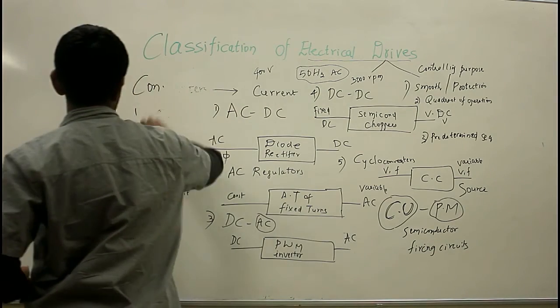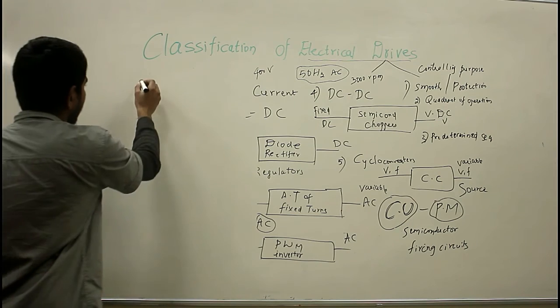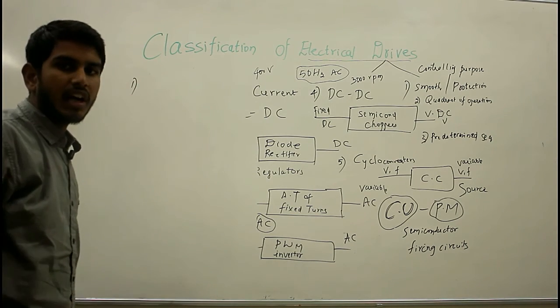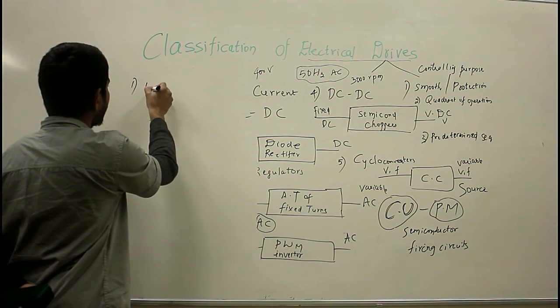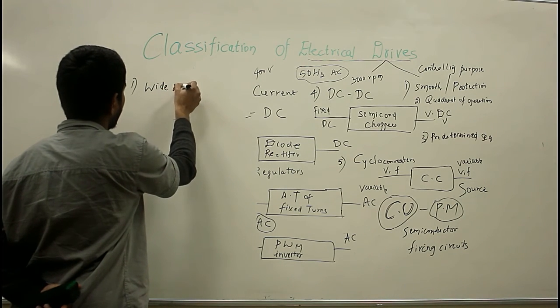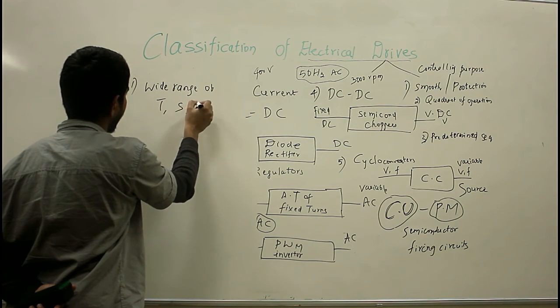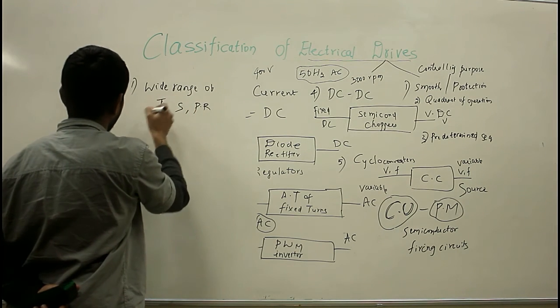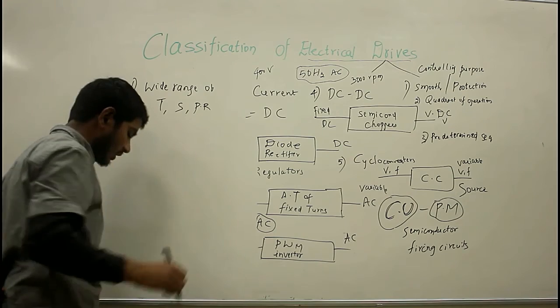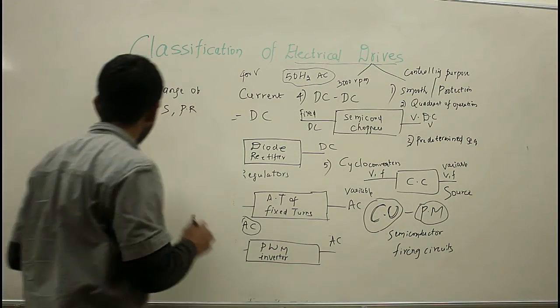The electrical drive systems are available in a wide range of torque, speed and power ratings, and they can offer flexible control characteristics in the drive system.